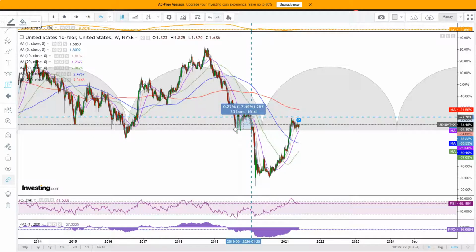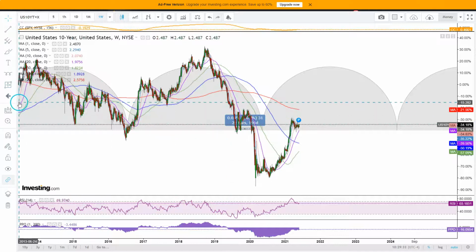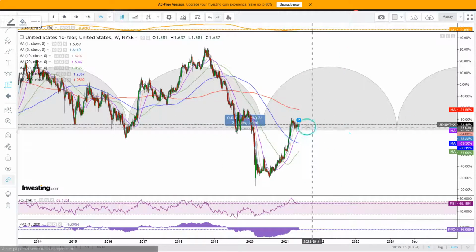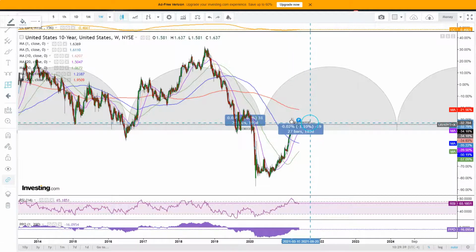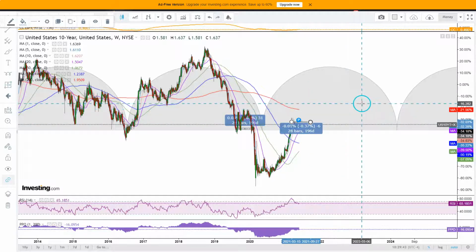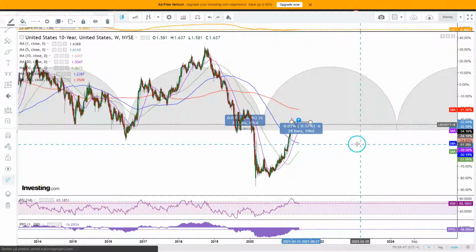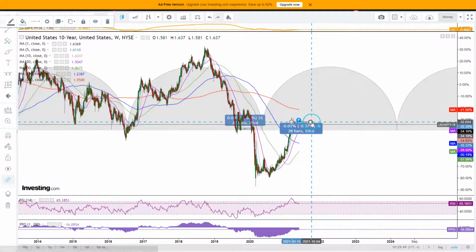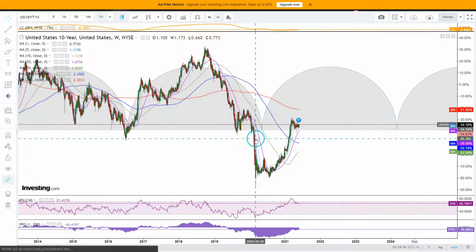So if we measure this, the left shoulder took 196 days to develop. The right shoulder, if we take 96 here, pushes us into the 27th of September of this year. That is, of course, if it is a very symmetrical development.